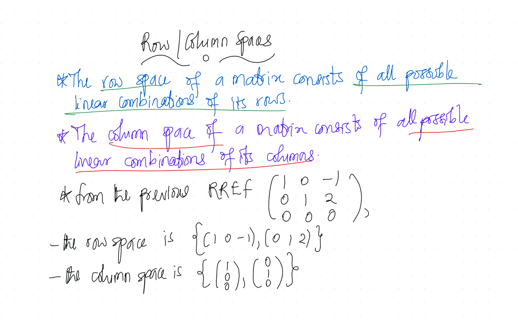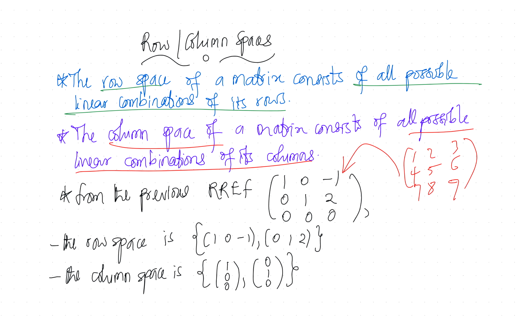Now, you see, for you to know the row space or the column space of a matrix, the best thing to do is to first of all get it into the reduced row echelon form, the RREF. So based on that, you can now determine the row space and the column space. From the matrix we had, 1, 2, 3, 4, 5, 6, 7, 8, 9, it led us to this reduced row echelon form, right?